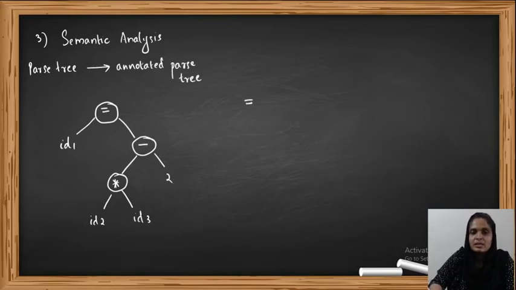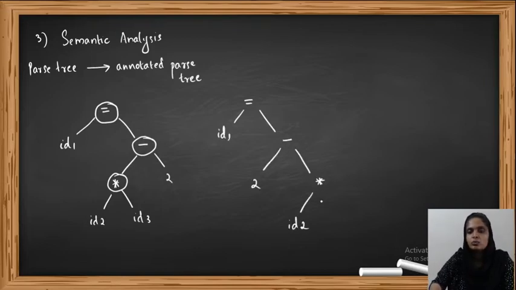This parse tree is different from this one. Okay, ID1 minus 2 star ID2 ID3. I have seen many students drawing this parse tree like this, because what they do, ID2 ID3 they are multiplying and they are subtracting it with 2. But this parse tree is wrong.